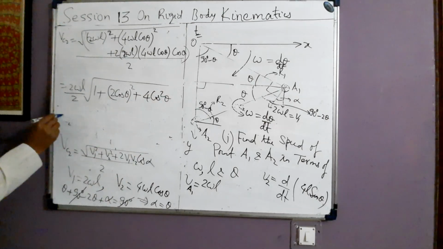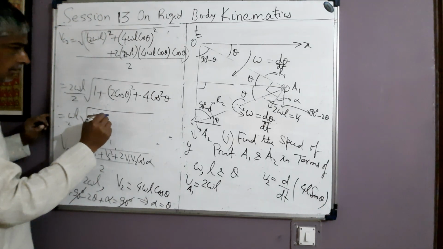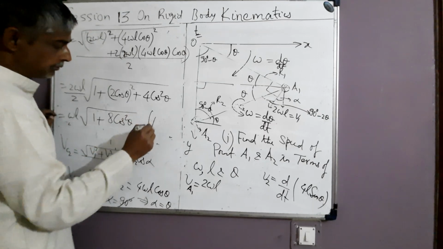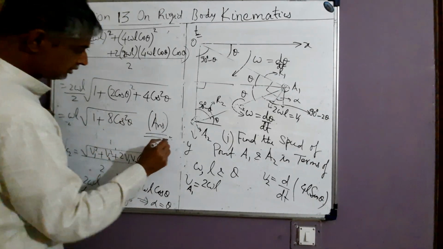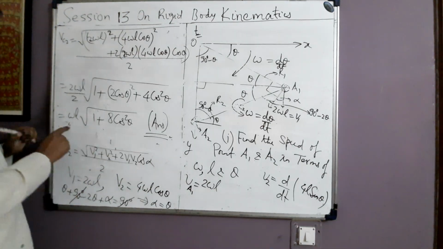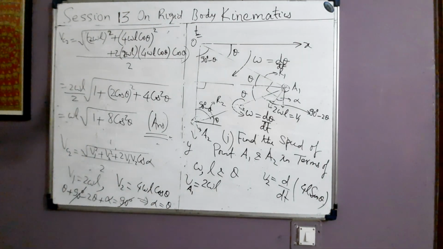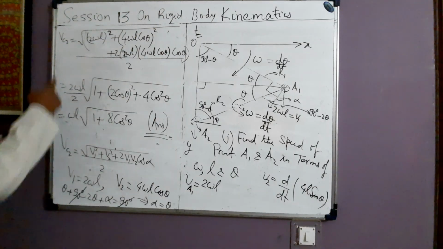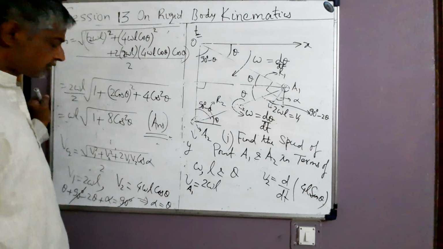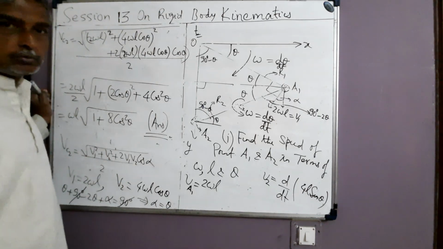So this becomes omega L root under 1 plus 8 cos square theta, which is the required answer by the section formula method. So the speed of center C2 of rod R2 is omega L root under 1 plus 8 cos square theta.